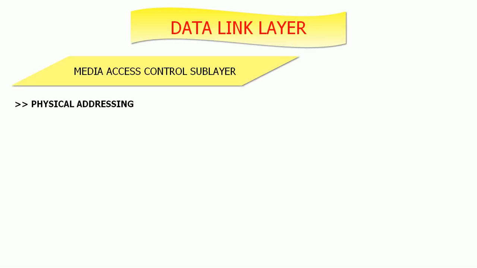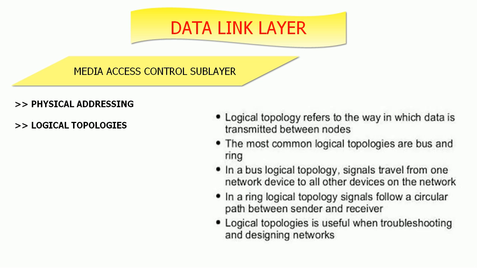Another responsibility of the MAC sublayer is the logical topology. Logical topologies are how things logically operate. For example, suppose PCs are connected to a hub, and physically it is a star topology, but inside, it is still a bus topology. It still uses CSMA/CD to communicate.